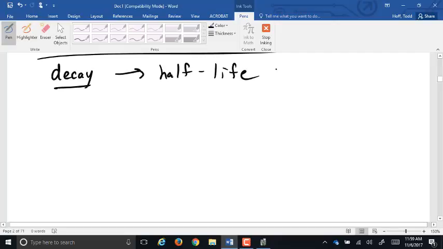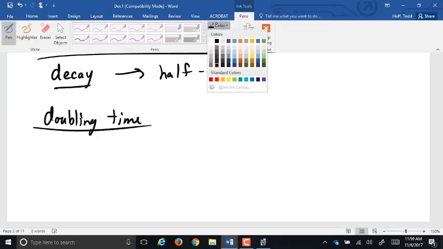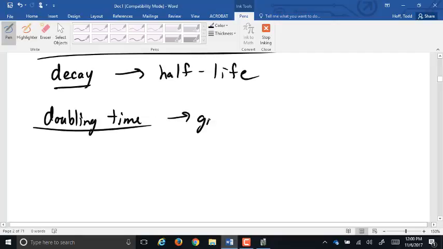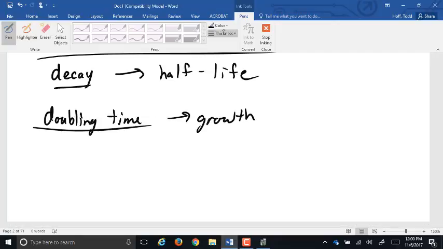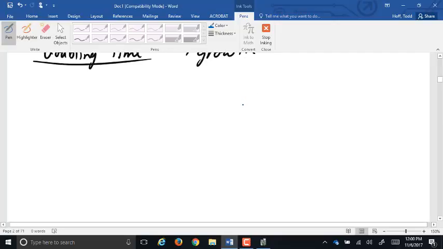If we're talking about exponential growth, it would be doubling time, right? So let's take a look at converting back and forth between these models.